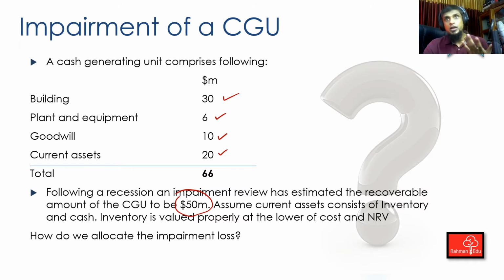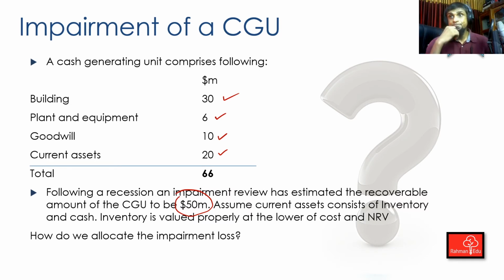Impairment is also applied on receivables, but not cash, under IFRS 9. Remember that. Those can also be subject to impairment, not under IAS 36, but in their own standards. Like inventory should be valued at the lower of cost and NRV. So when you go to the lower value, you are doing the same impairment exercise.